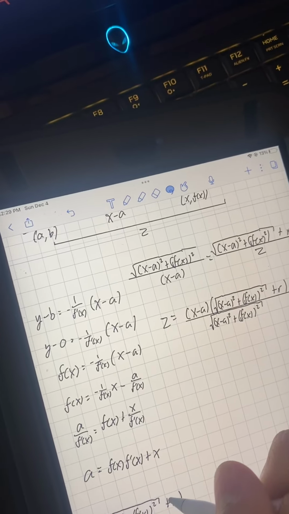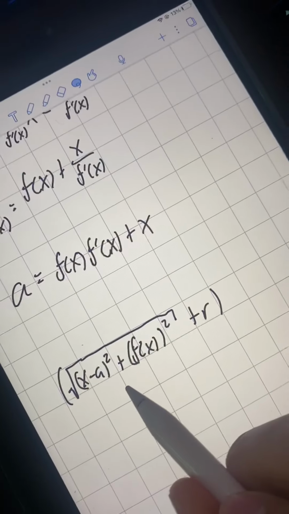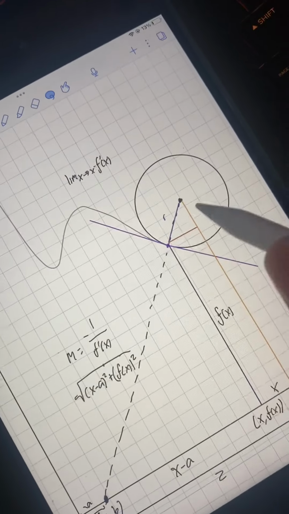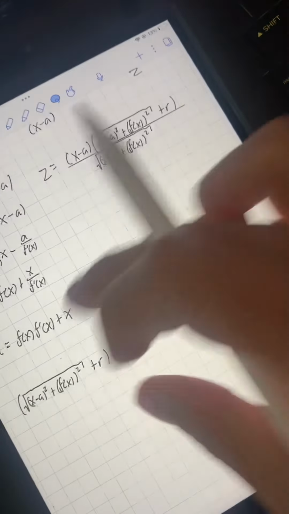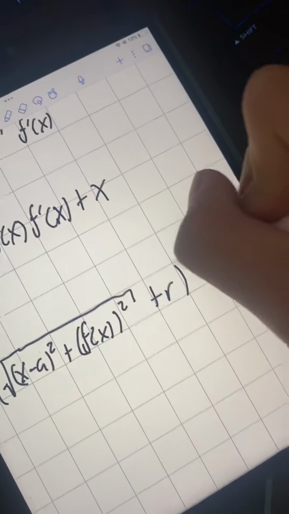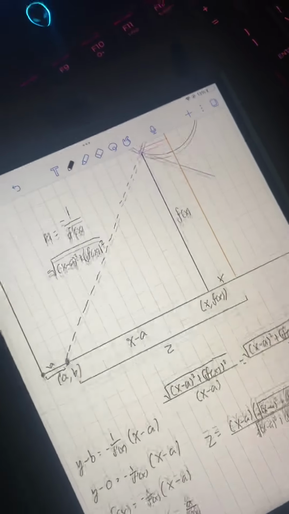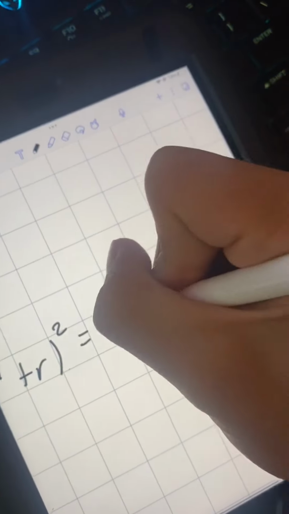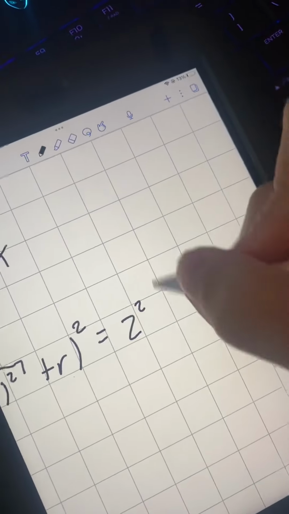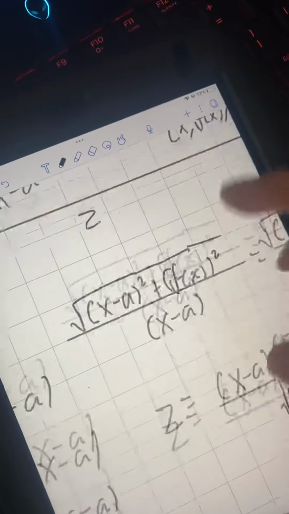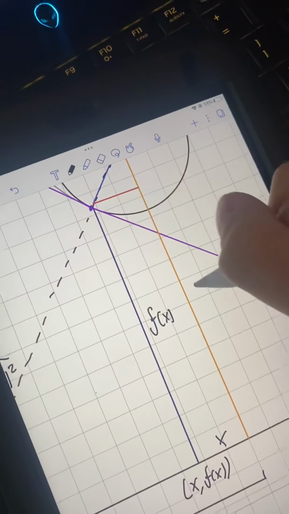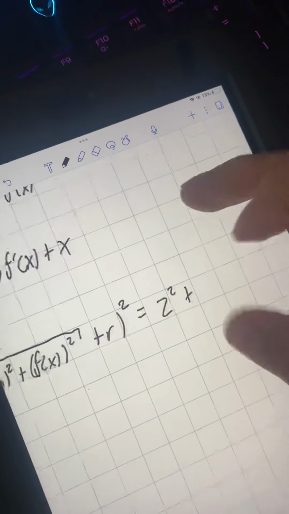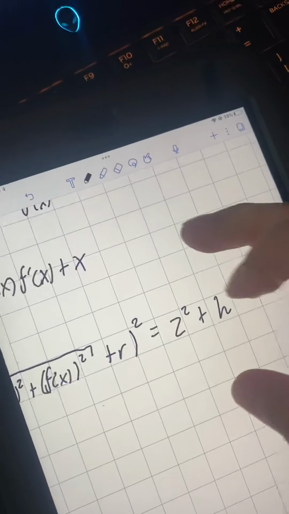We have the square root of (x minus a) squared plus f of x squared, plus r, which is my hypotenuse. So my hypotenuse squared is equal to my bottom length z squared plus my height, which I'm just going to call this whole yellow thing h. So that'll be h squared.